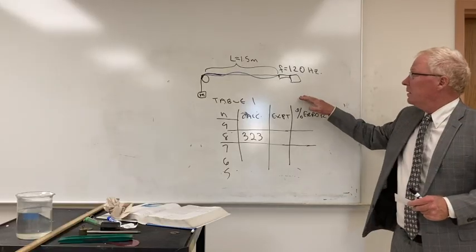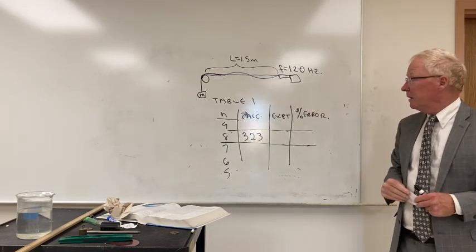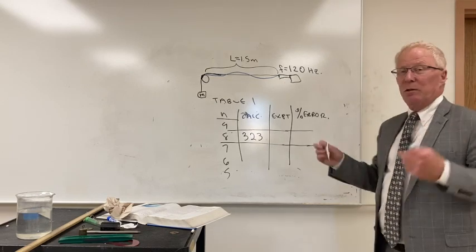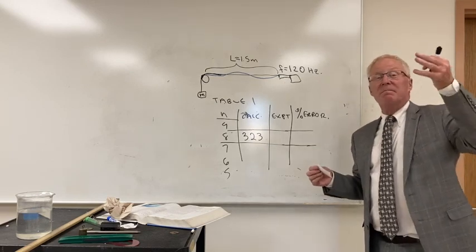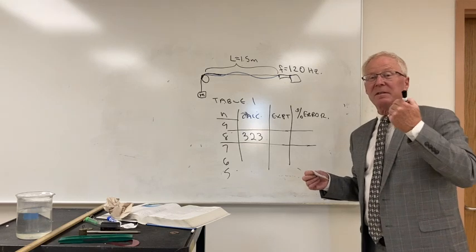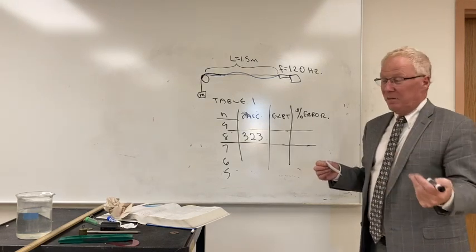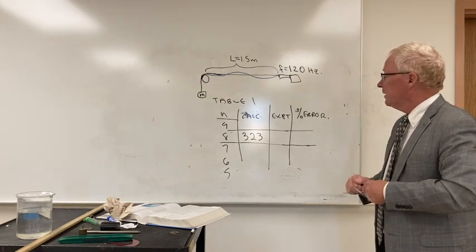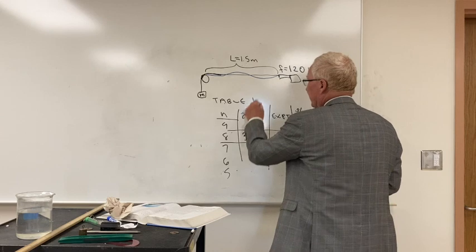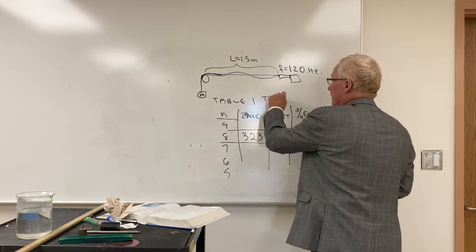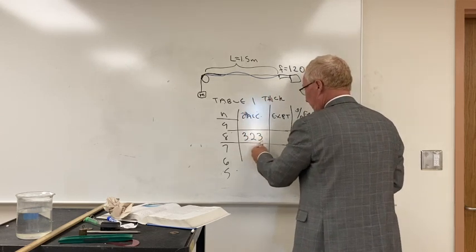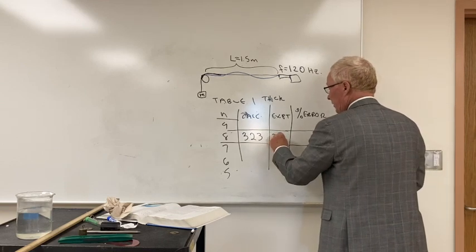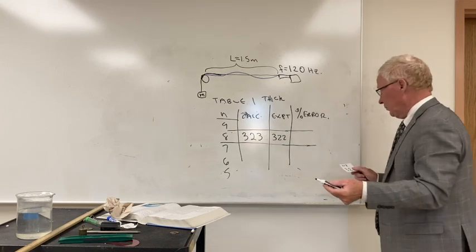Again, for table 1 with the thick string, I'll do one calculation for you on how to get the percent error. So we did the results for each of the different modes for thick string, thin string. I'm going to do the example I did earlier. The calculated value for the thick string was 323 grams. The experimental was 322 grams, as I showed you.